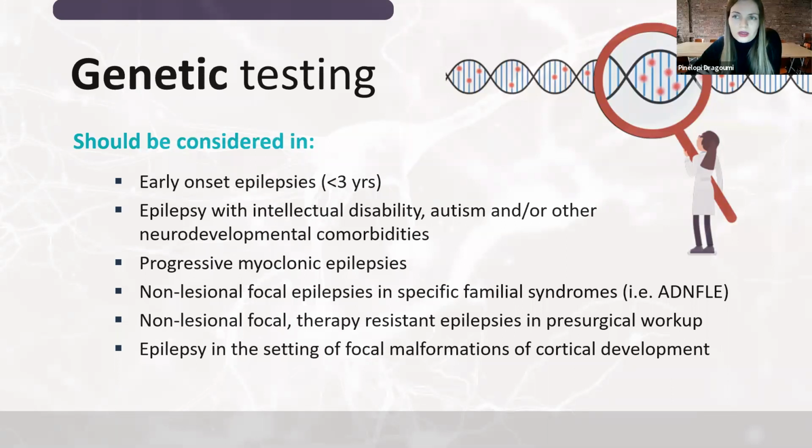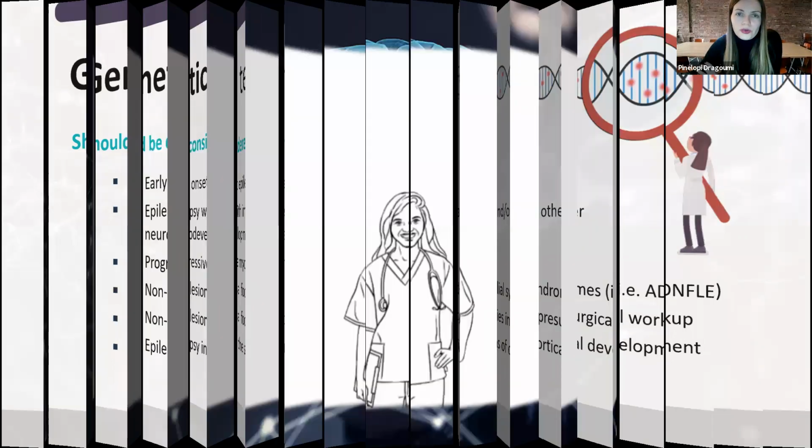We need to definitely do genetic testing for the diagnosis of a progressive myoclonic epilepsy, or some non-lesional epilepsies, when we think of familial syndromes like autosomal dominant frontal lobe nocturnal epilepsy. And when we have resistant focal epilepsies and we do pre-surgical workup, or even in some focal malformations. But basically, when we have epileptic encephalopathies, this is where we need to target for the epilepsy.